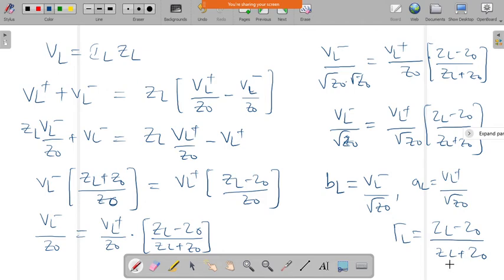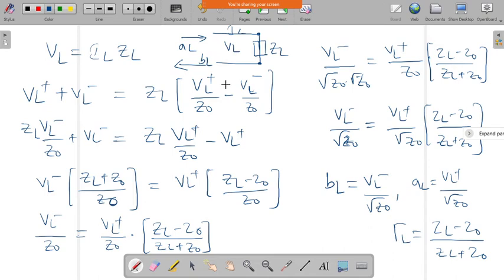Now if I represent that in terms of the load side, we have two nodes, AL and BL. If I represent this as ZL, we have AL the incident voltage and BL the reflected voltage, along with the voltage and current VL and IL.